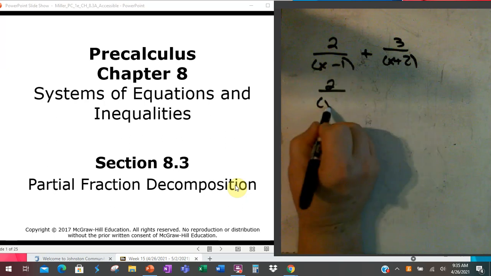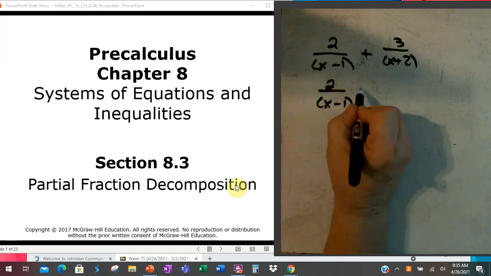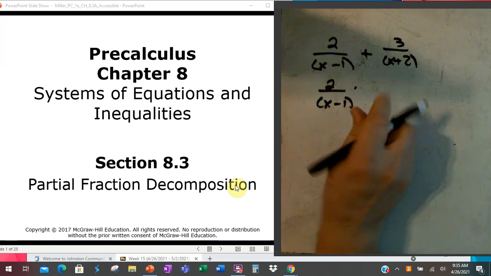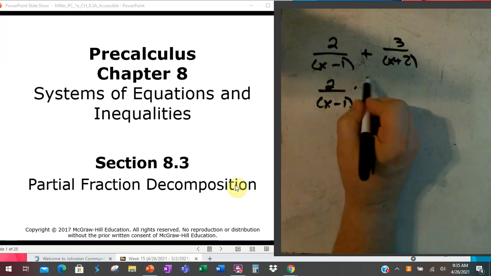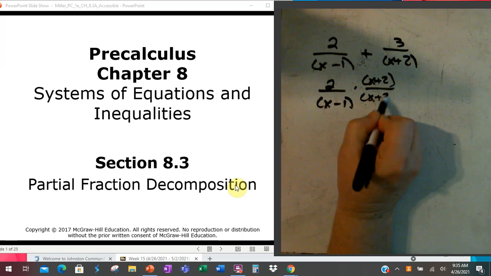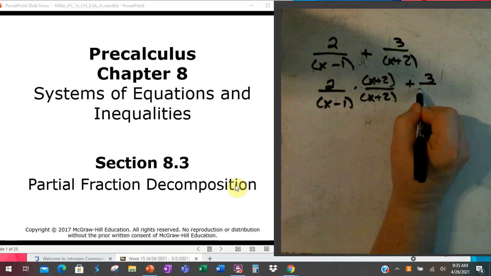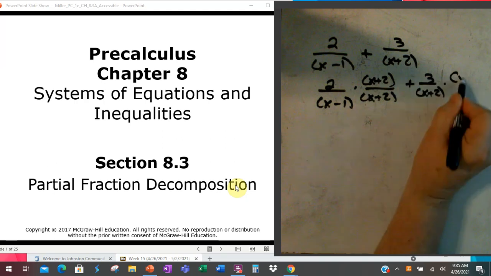The LCD for this case is just x minus 1, x plus 2. So I'm going to turn everything to combine them over that, so I need an x plus 2 here, and the 3 over x plus 2 needs an x minus 1.